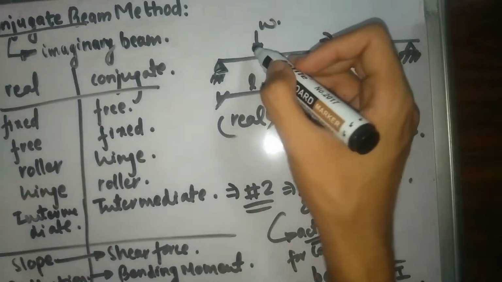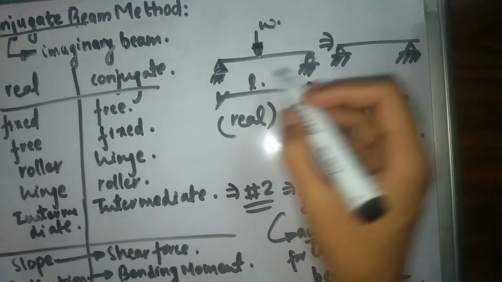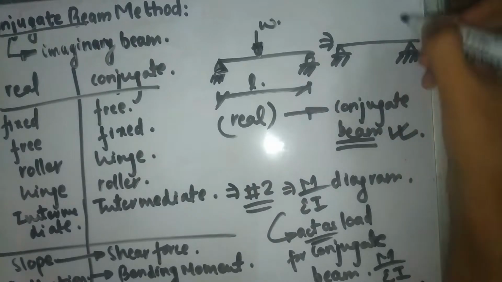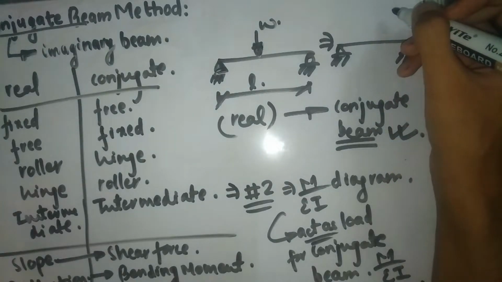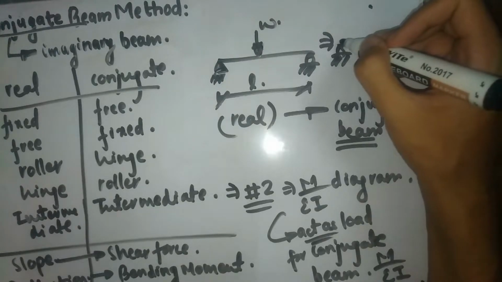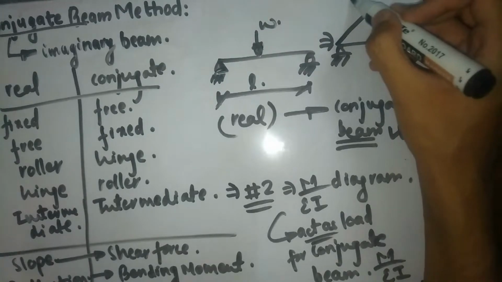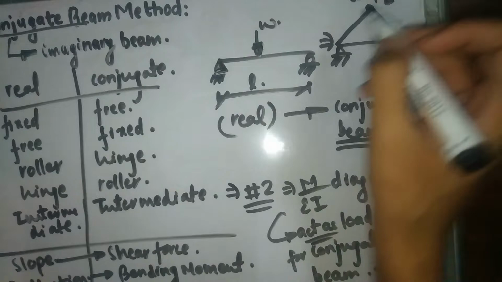So let me firstly draw my bending moment diagram. Right now I have W acting at a span of L by 2. So W into L by 2, so this is WL by 2. Let me put my point over here, and this point is WL by 2.